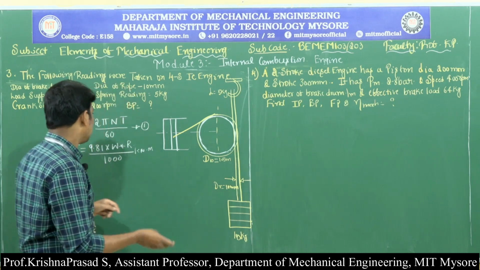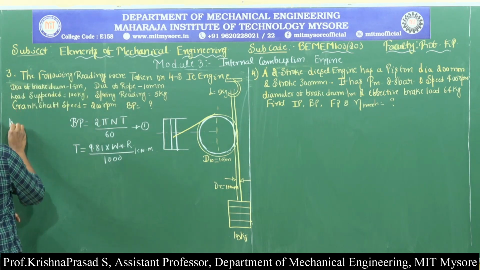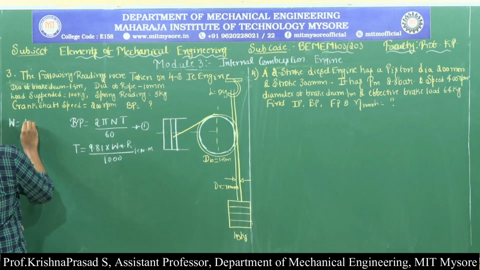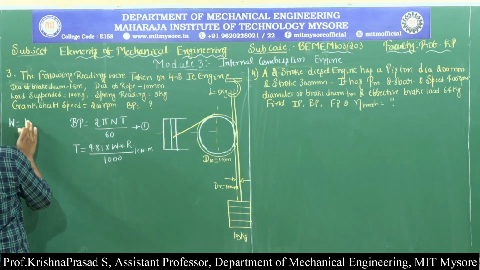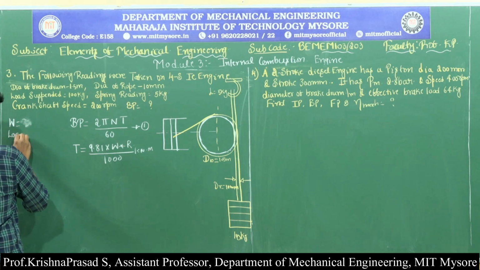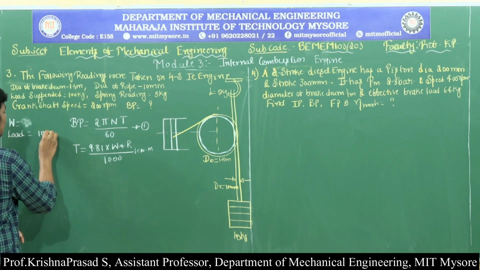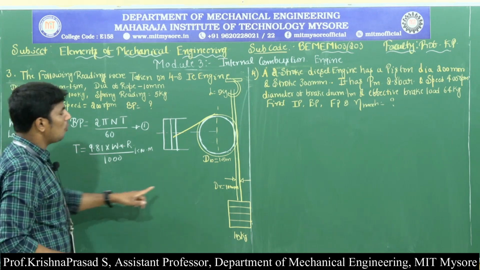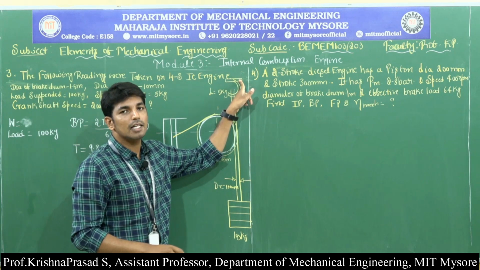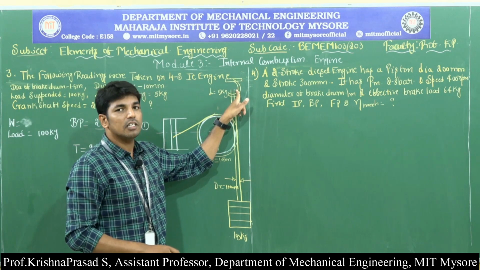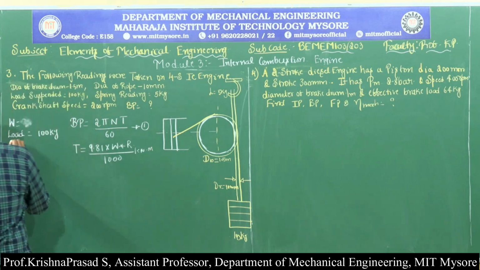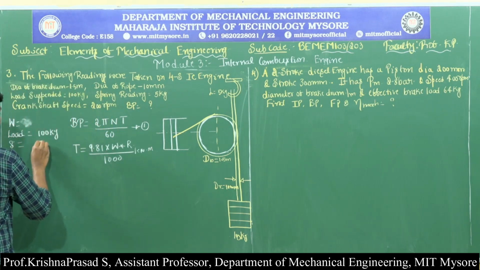So therefore here W we need to calculate. The load suspended they have given, it is 100 kg, and this rope is also connected to the spring balancer reading. It itself having the reading of 5 kg.